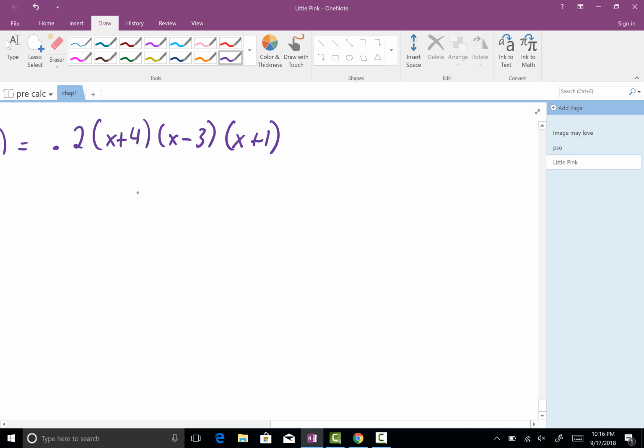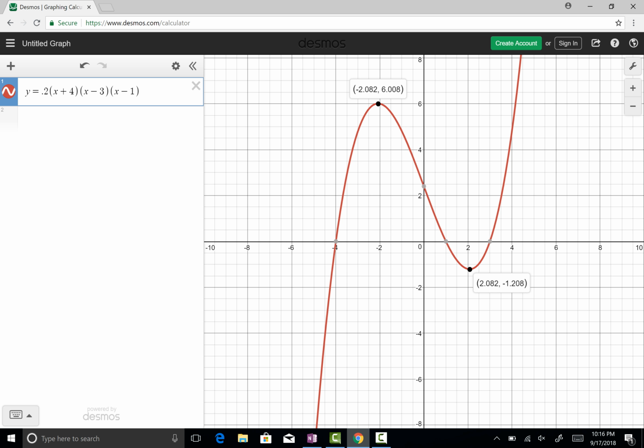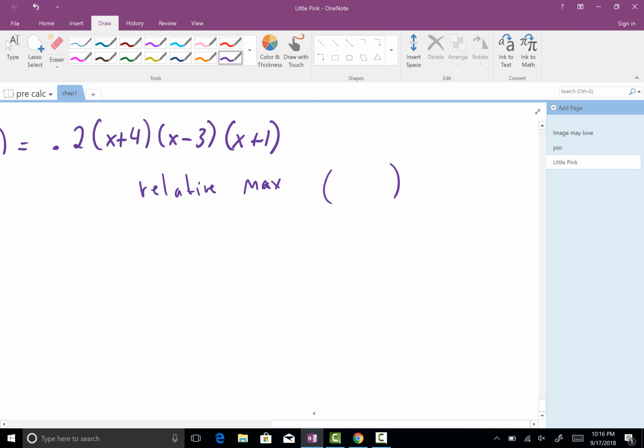Okay, so for this one, we have a relative maximum. And let's see, that is at -2 and 6. Approximately, anyway.